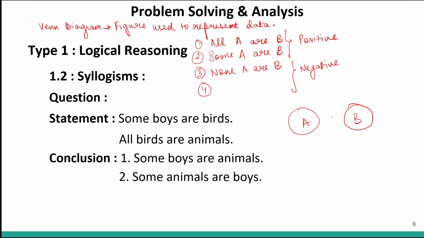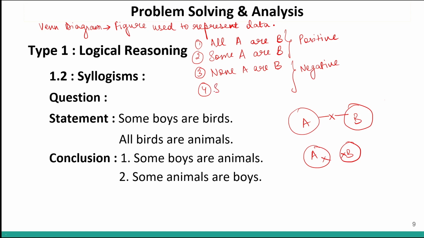A is different and B is different. No A and B are the same. So this will be represented with a cross. You can represent it like this or like this, to remember that A and B will not overlap. So this is a negative statement.